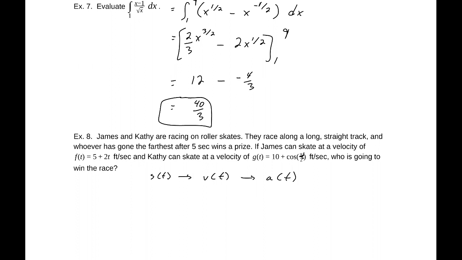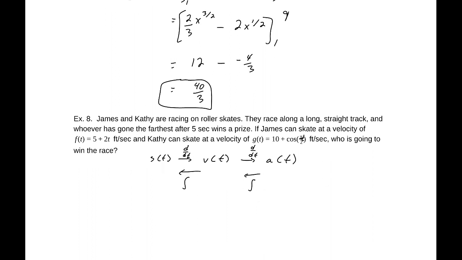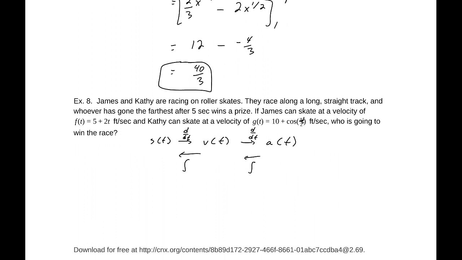So going in reverse, this is d dt. Going in reverse from what we know, the integral would take us in the opposite direction. So if we take the integral of the velocity function, that will tell us the distance. And we know we have an ending and a starting point, so we can find exactly how far they've gone.